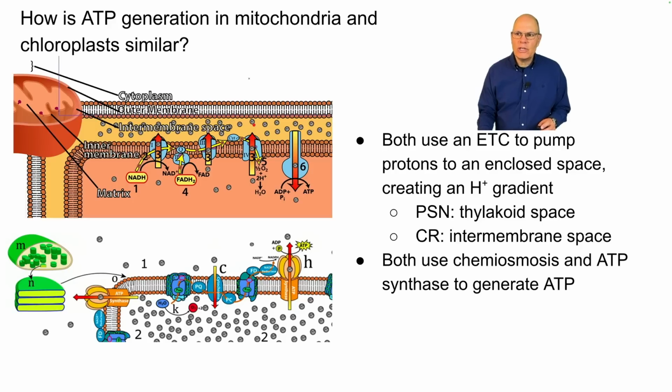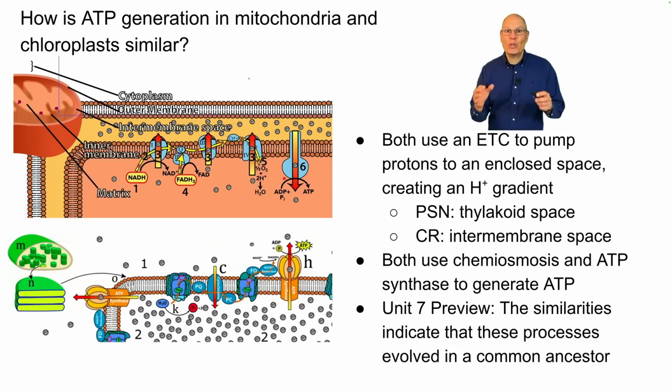And both use a subsequent process of chemiosmosis, diffusion of protons through an ATP synthase channel to generate ATP. And that's not a coincidence. As we'll see in Unit 7, where we'll talk about evolution, the similarities that are present between mitochondria and chloroplasts indicate that at some point in very ancient history, they had a common ancestor.